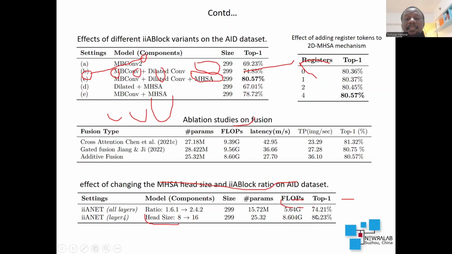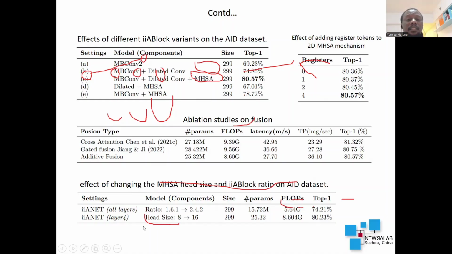So I think the accuracy drops a lot, almost by 6. So we played around with it, and the accuracy drops, but the efficiency also increases. Like the learning parameters decrease and the flops also decrease.